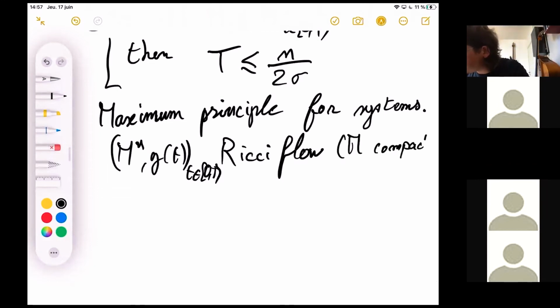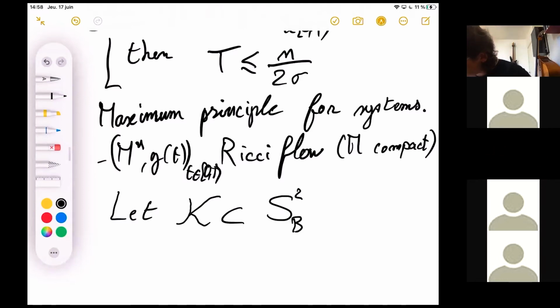If it has bounded curvature, it works also, but it's still unclear in some cases if you can really make it work in the very non-compact complete case. Now I consider some K included in that set.